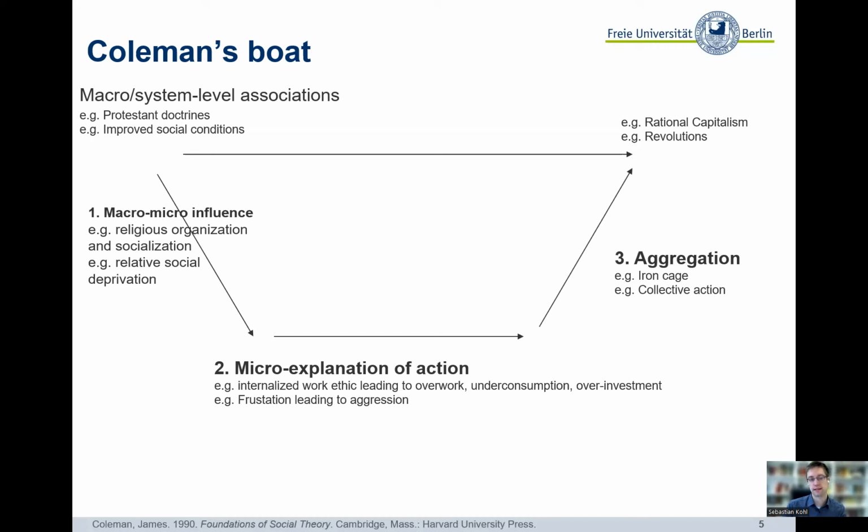And this was then explained through this threefold step, also in a micro-foundation way, by improved social conditions opening up, let's say, a new kind of reference frame for comparisons.